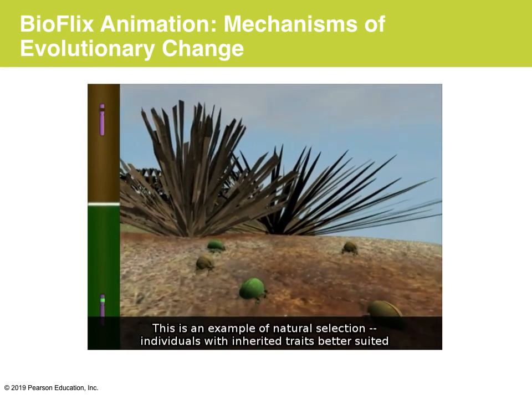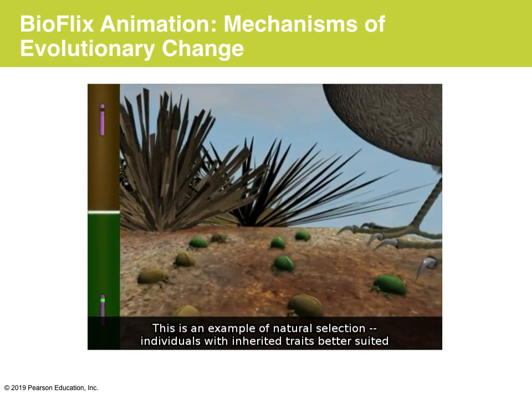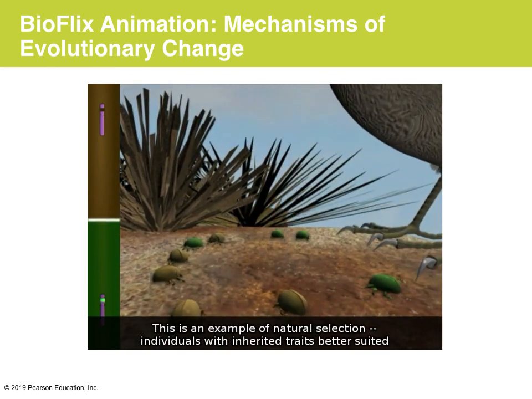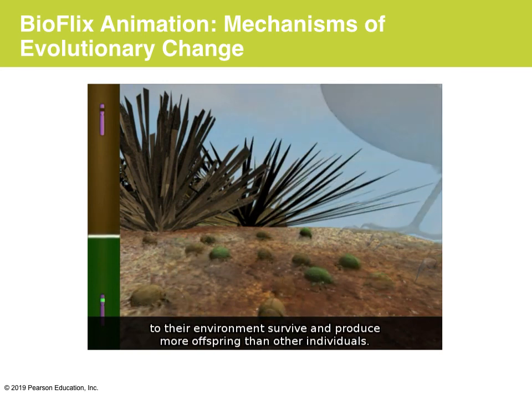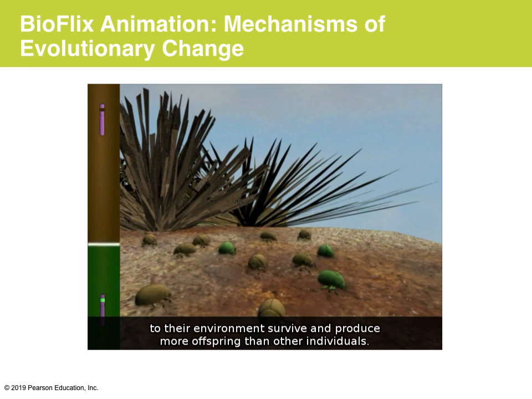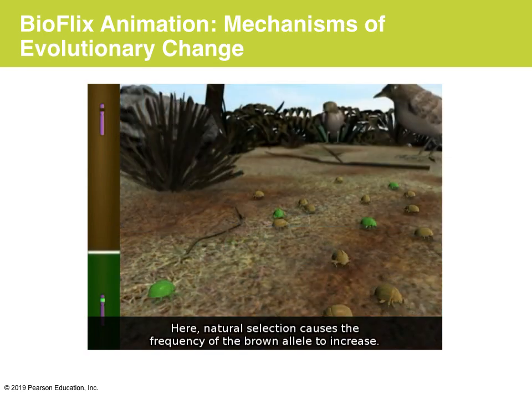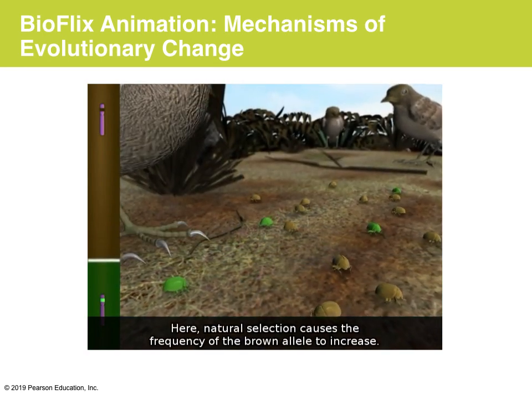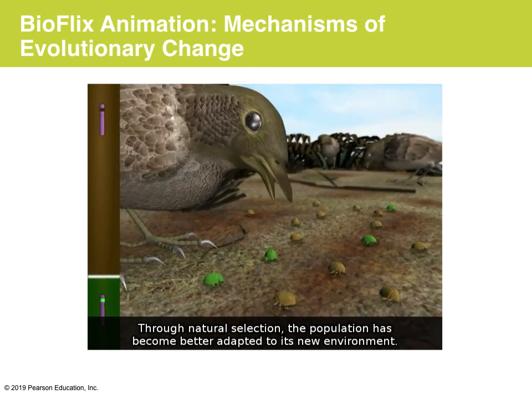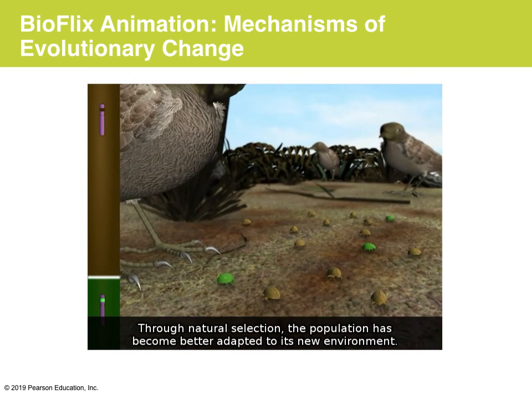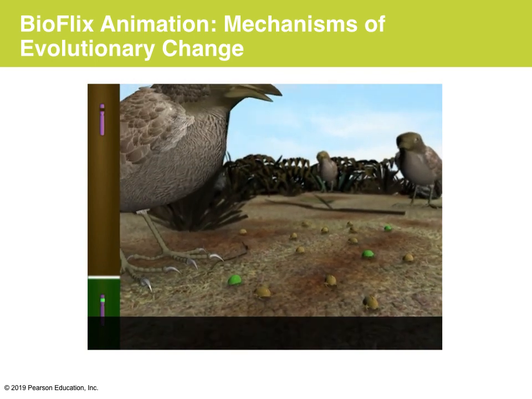This is an example of natural selection. Individuals with inherited traits better suited to their environment survive and produce more offspring than other individuals. Here, natural selection causes the frequency of the brown allele to increase. Through natural selection, the population has become better adapted to its new environment.